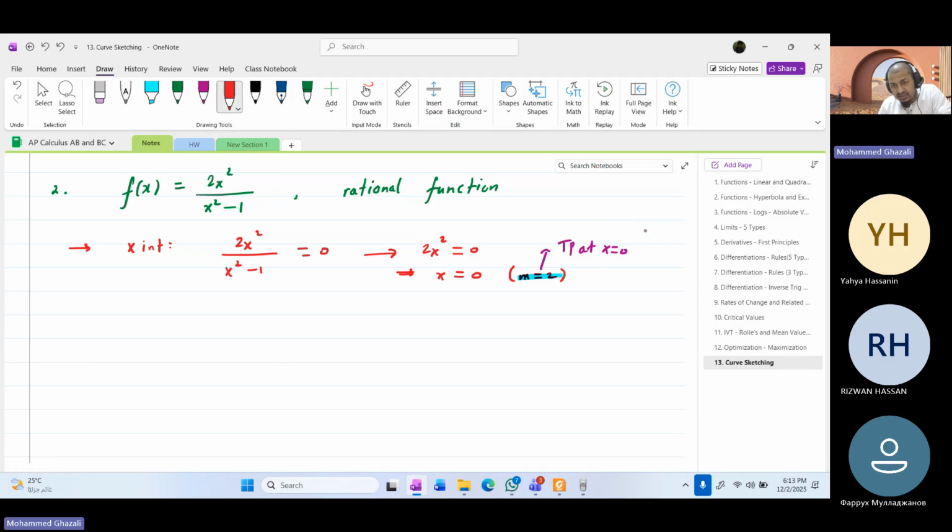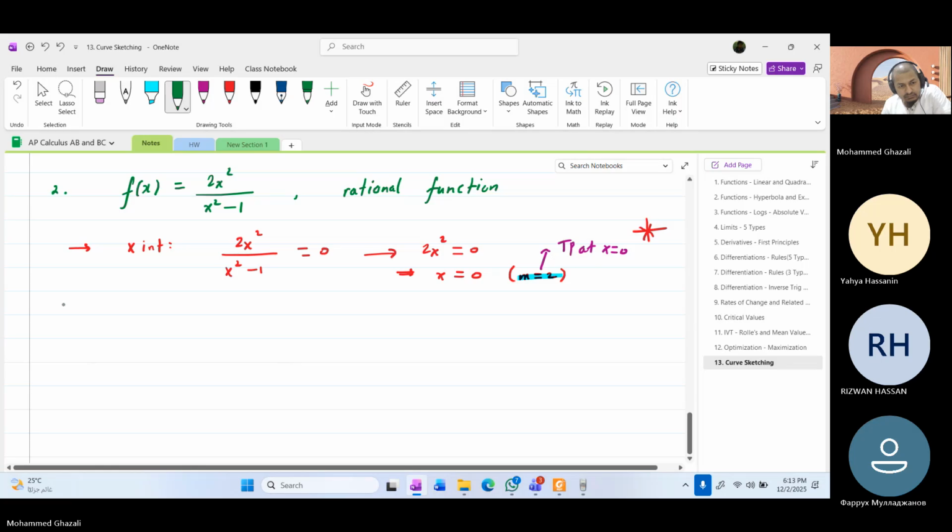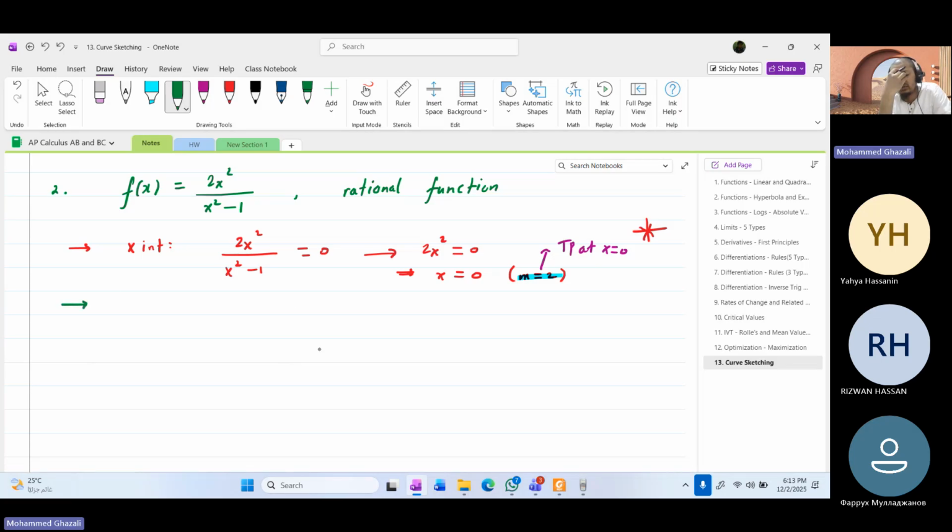It means there's a thing going like this, but we can't assume that it's up or down because we need to apply calculus on this. So let's check.